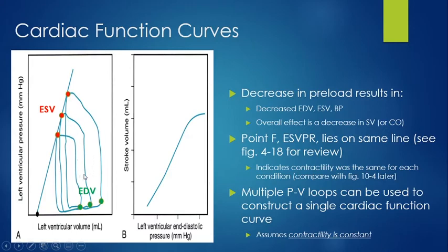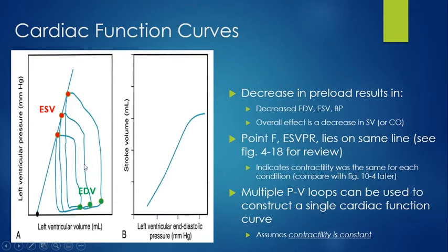You could see another impact from a decrease in preload is a decrease in end systolic volume. Why is end systolic volume decreasing? Well, that's because you started off with less. If you start off with less blood, you're likely going to end up with less blood.